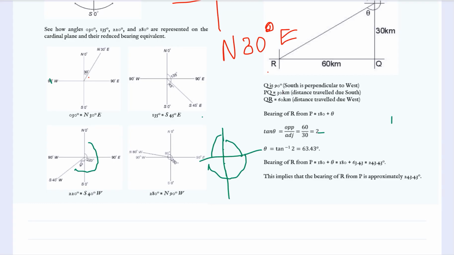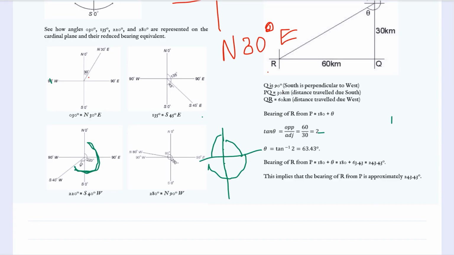So for us to get this angle, if this place to here is 220 already, what's the remaining value for it to complete 270? So the angle that is remaining for it to complete 270 will be 50 degrees.